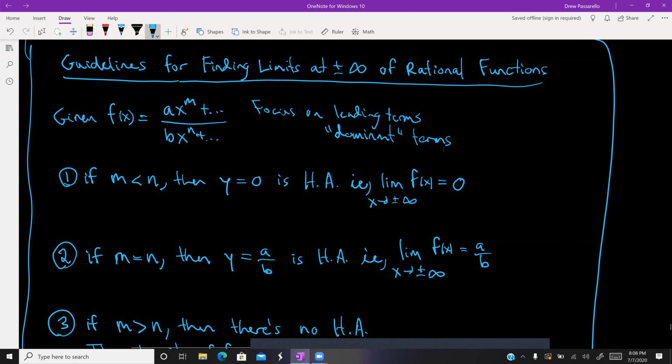Now, if the exponent up top, which is the degree of the numerator, is less than the degree of the denominator, then you have y equals 0 as the horizontal asymptote.